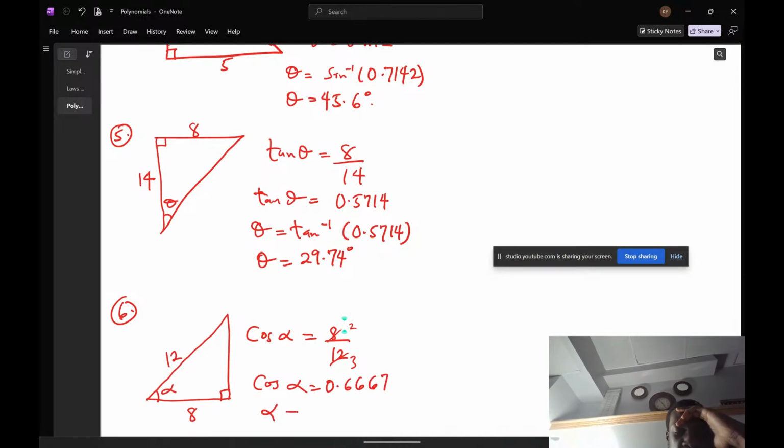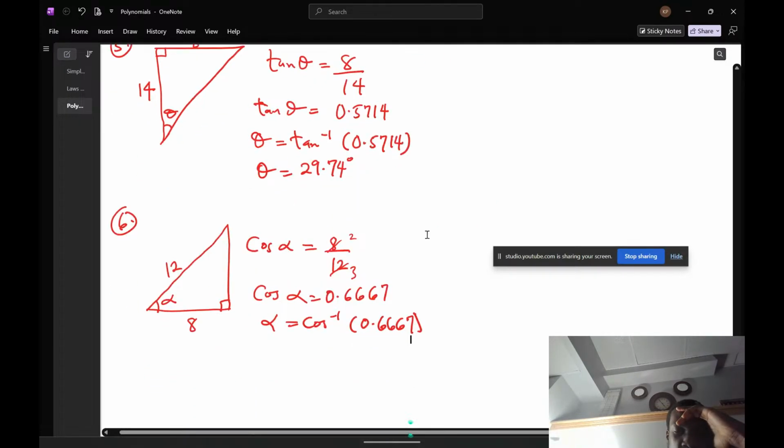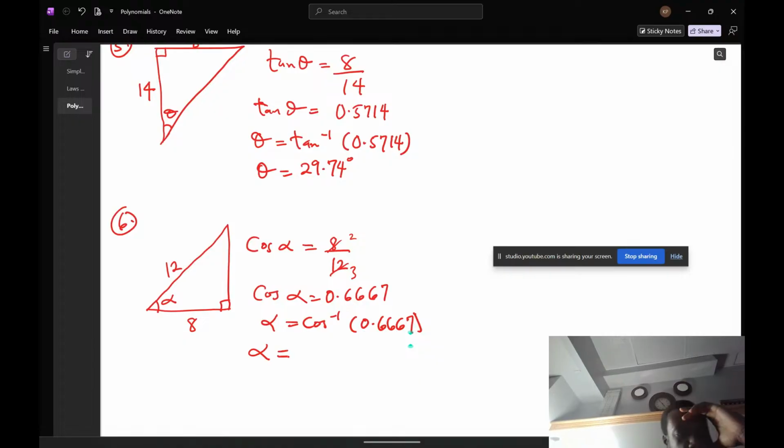So alpha is equal to arccos 0.6667. So we have 48.19.